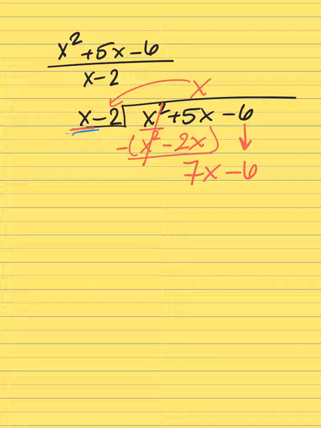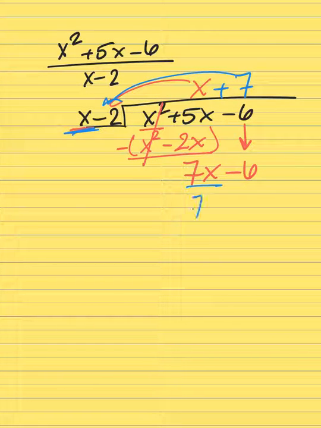Now I'm going to look at x and 7x. What am I going to multiply by x to get 7x? A positive 7. Now look, right? 7, no x's, goes above the 6. These x's go there, just like that. 7 times everything here becomes 7x minus 14.